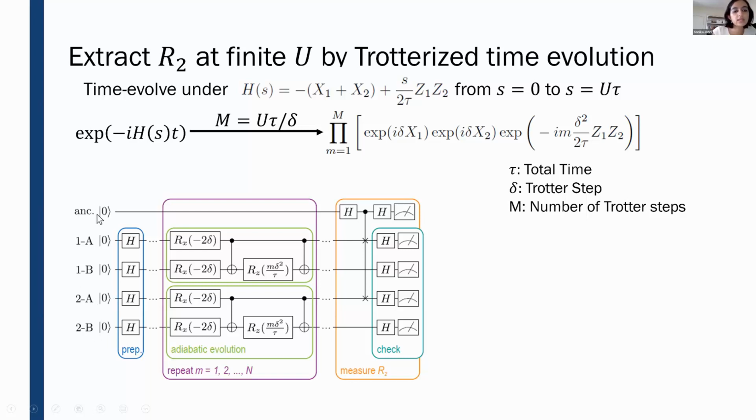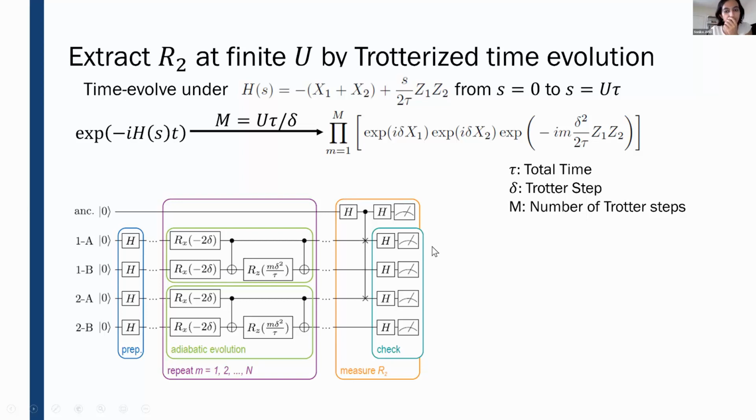Your ancilla is initially prepared in the state 0, right? Then after you prepare the qubits, you implement this trotterized time evolution to adiabatically evolve them to some finite value of U, then you do this measurement of the second Renyi entropy by implementing this controlled swap gate, which is controlled on this ancilla qubit that is in a superposition.